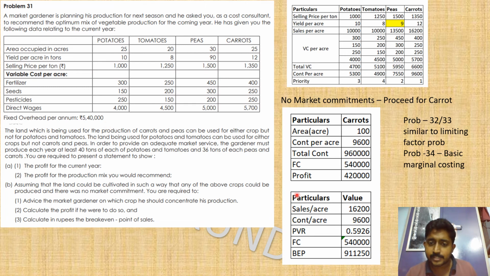Now we have sales per acre for the carrot, that is given already 16,200, and contribution per acre 9,600. So 9,600 divided by 16,200. So 59% is the PV ratio. Fixed cost divided by PV ratio will give you the break-even point sales. So this last part of the question is a little simple.